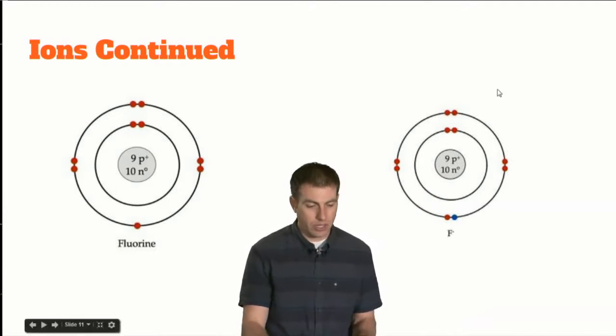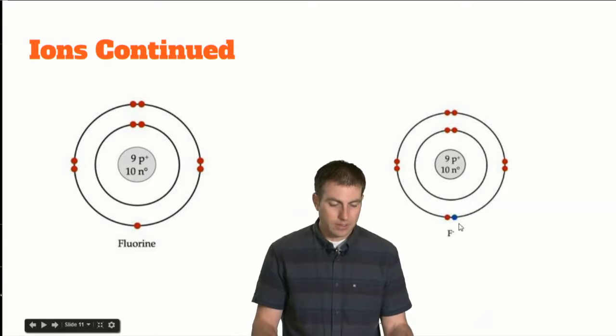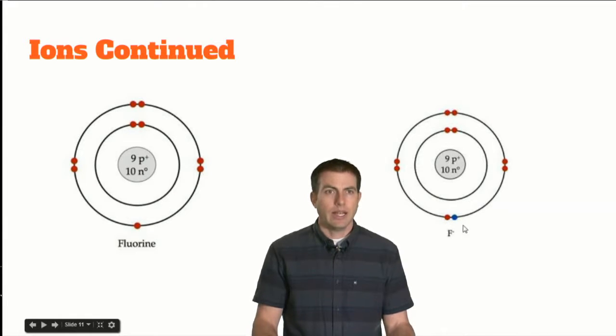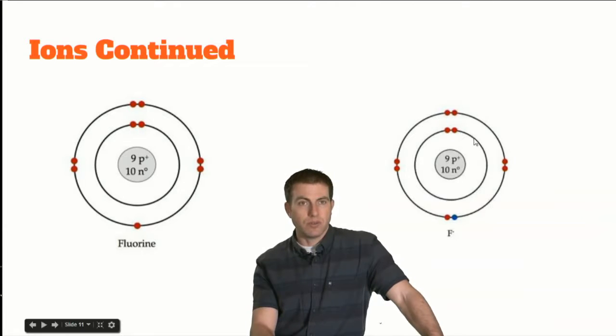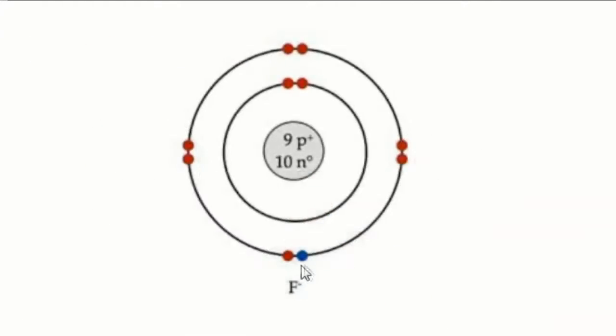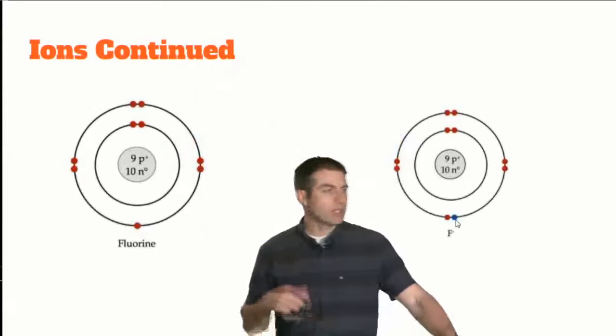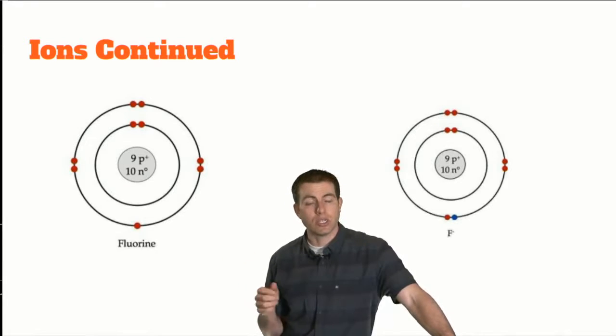You can see that the new electron's this little blue dot here. Now, before it had 9 protons and 9 electrons, but it gained an electron. So now it has 9 protons and 10 electrons. So because it gained a negative charge, it gained an electron, this fluorine will now have an overall charge of -1.